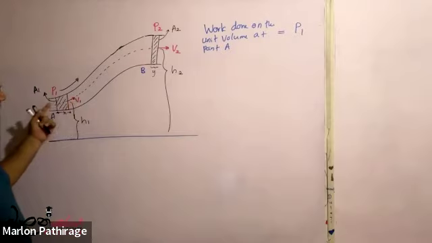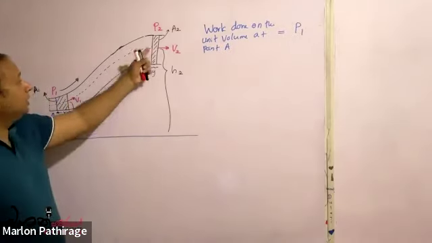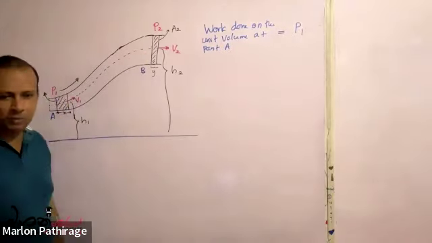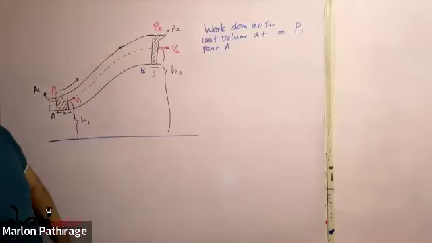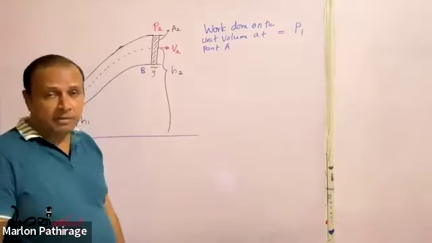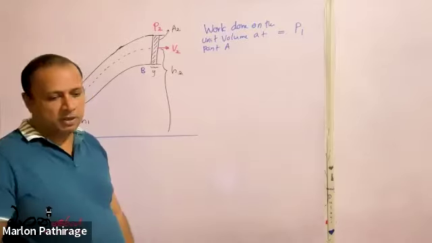Work done at point B is P2. So the work done due to the pressure difference is P1 minus P2.